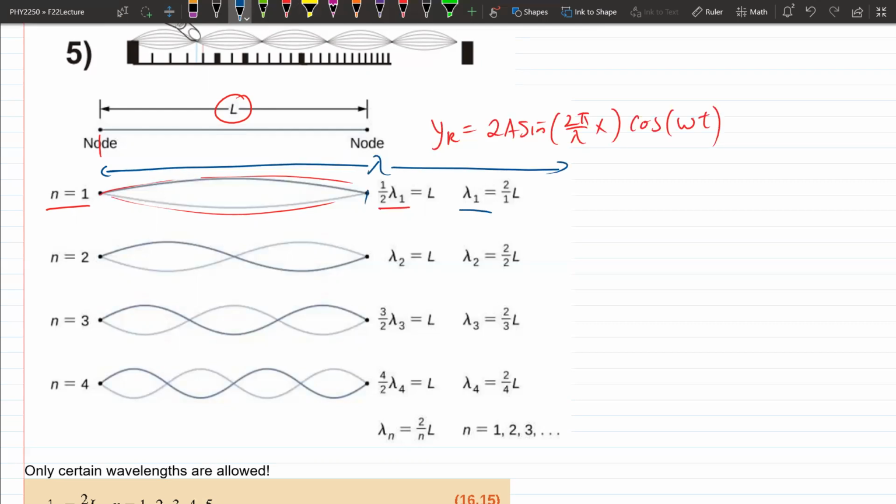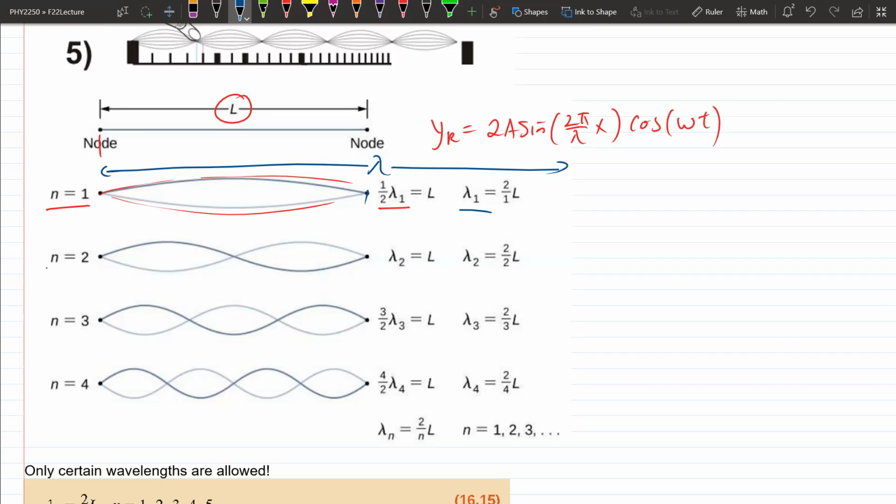The wavelength that will fit on a string of length L, let's say that string is 1 meter long: the first fundamental, the fundamental note, has a wavelength twice that length. So it's 2 meters. That's the first wavelength that fits into that guitar string.